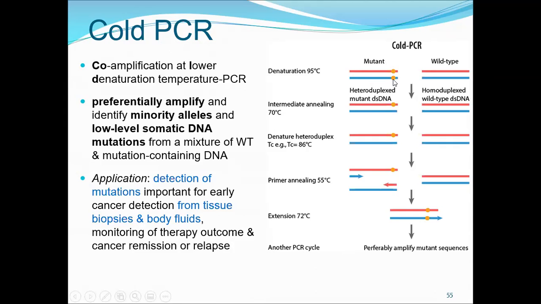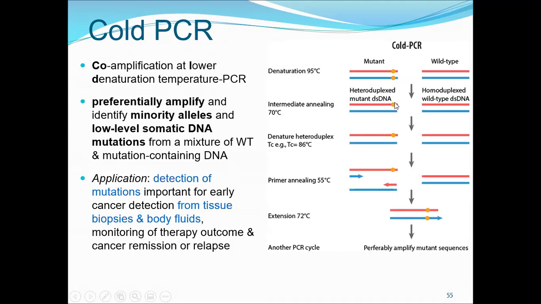So what you do is, you first go for an initial intermediate annealing at around 70 degrees, where, say, this is a mutant gene and this is a wild type. So when you go for intermediate annealing, there would be some heteroduplex formation, like some of the wild type might bind to the mutant allele.